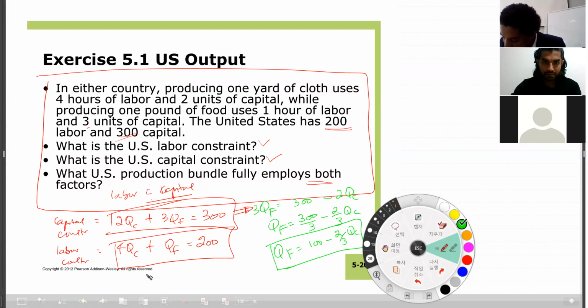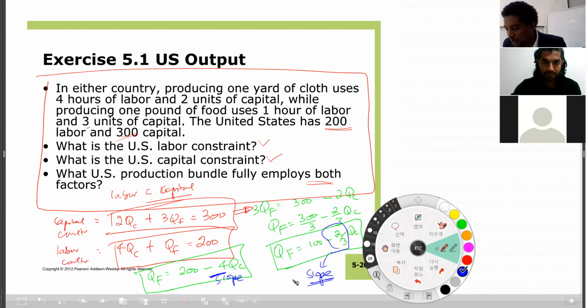For the labor constraint, you do the same thing. QF will be equal to 200 minus 4QC, right? So from this, what is the slope? The slope for the labor constraint is -4, okay? And the slope for the capital constraint is -2/3 here. This is the slope, okay?